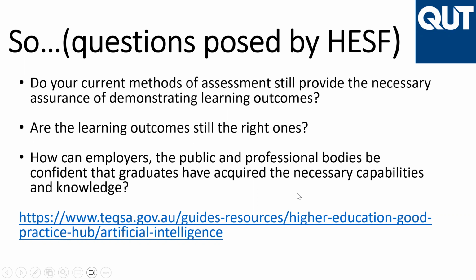And the other question is, how can employers, the public and professional bodies be confident that graduates have acquired the necessary capabilities and knowledge? And of course, we're talking about something that is dynamic, right?